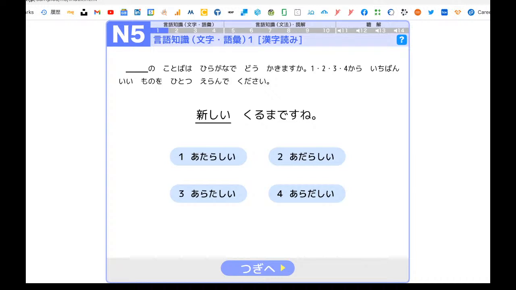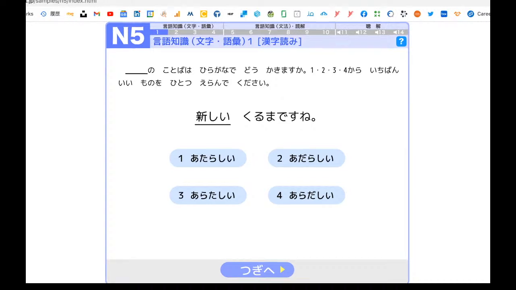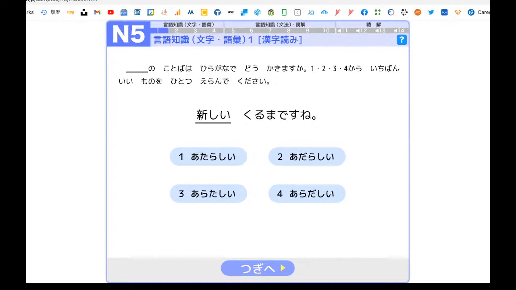So the first one, let's say アンドーバーの言葉はひらがなでどう書きますか？ 1、2、3、4から一番いいものを一つ選んでください。 So the question is how you write down the underlined word, basically kanji, in hiragana.